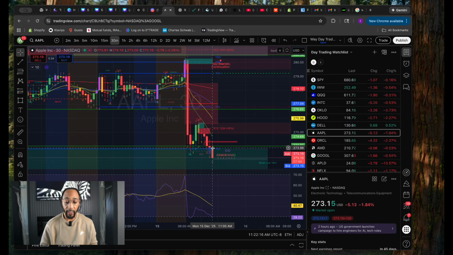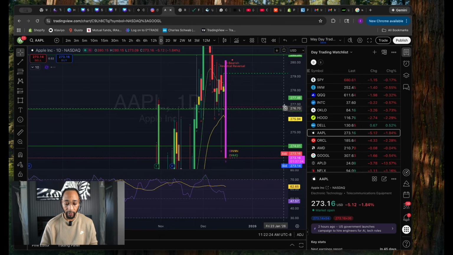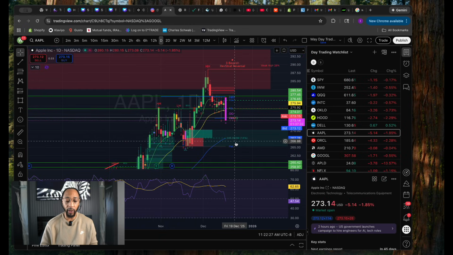I waited, and then look what happened. It dumped some more. I actually told myself it could come down to 268. Now, why did I say it could come down to 268? Because we have an order block right here. So I am not looking for a reversal until we get down to this area right here off the daily time frame.